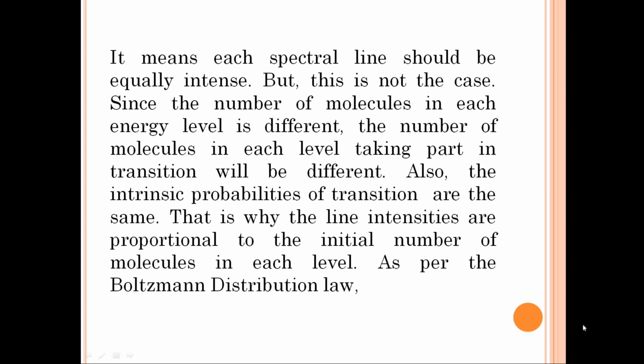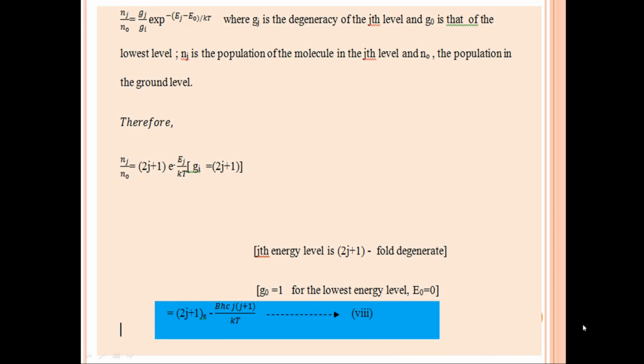As per the Boltzmann distribution law, if the population of molecules in the jth level is denoted by Nj, and the population of molecules in the ground level by N0, then Nj by N0 is equal to Gj by G0 times exponential of minus (Ej minus E0) upon kT.